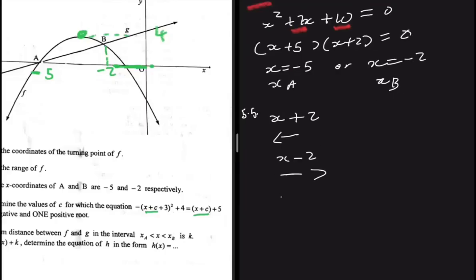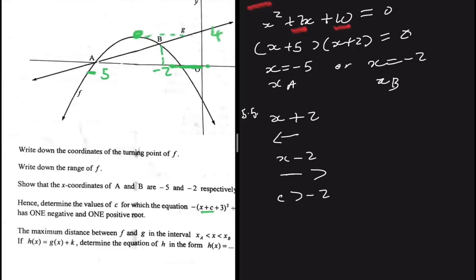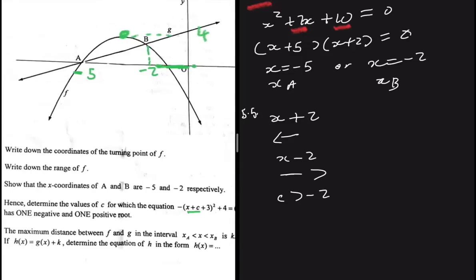So we need c to be just slightly greater than minus 2 so that we can shift our graph just more than 2 units to the right. So if c is just slightly greater than minus 2, then our problem is solved. We're going to have one negative and one positive root, right?